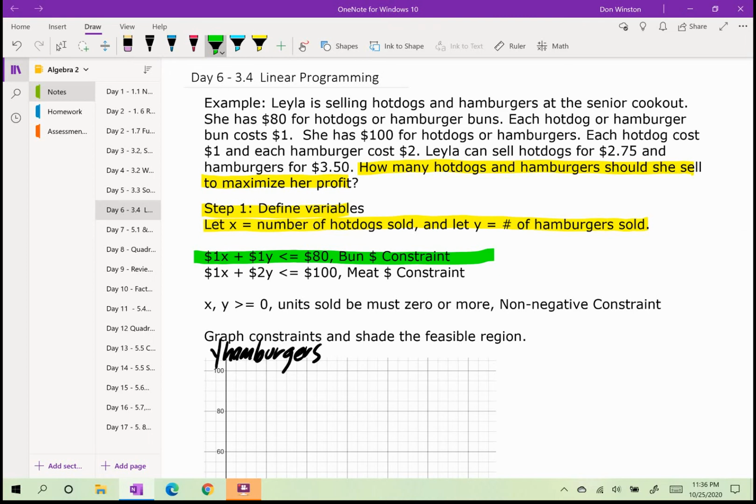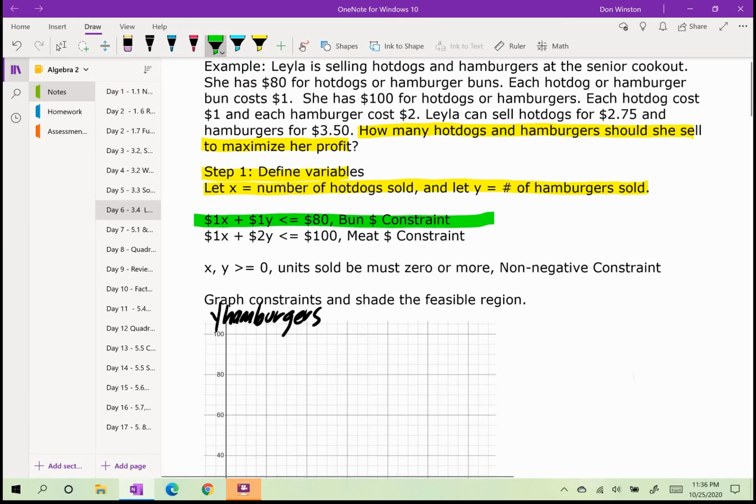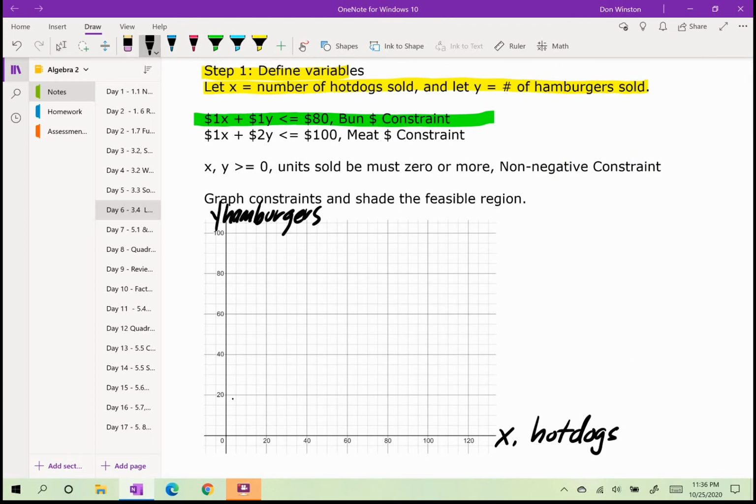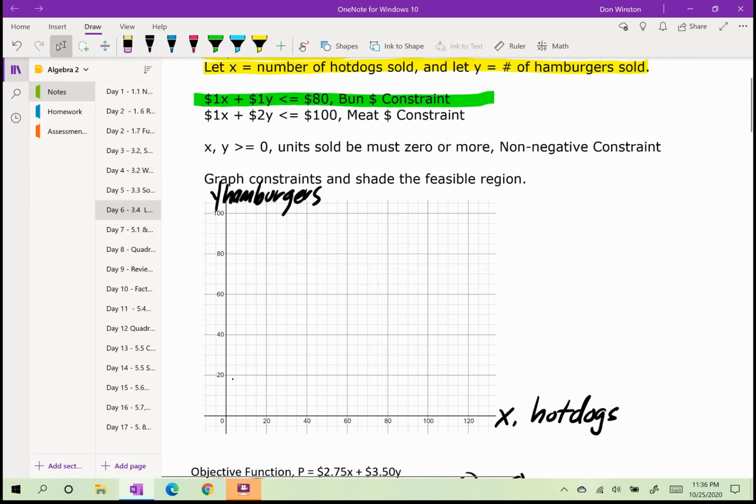Now, if she buys all hot dog buns, she can buy 80 of them. 80 divided by 1 is 80. So I'll mark that on my coordinate plane. On the x-axis, I have hot dogs. On the y-axis, I have her hamburgers. So for the buns constraint, if she bought all hot dog buns, she could buy 80 of them. So that point right there is 80 and 0.